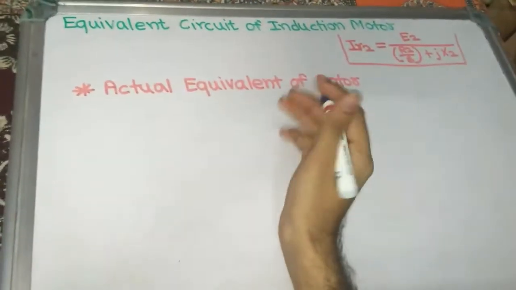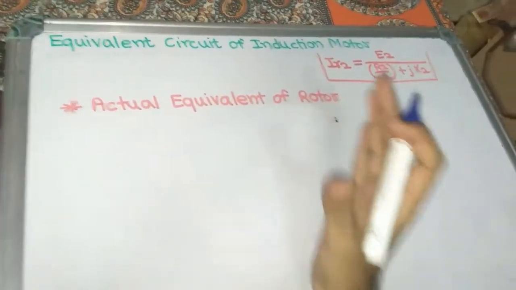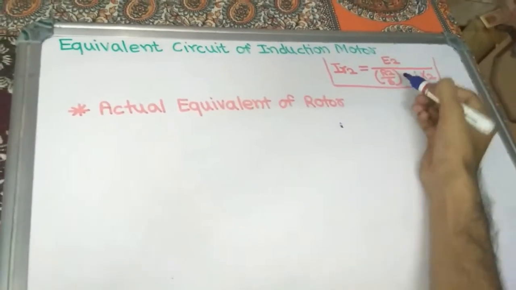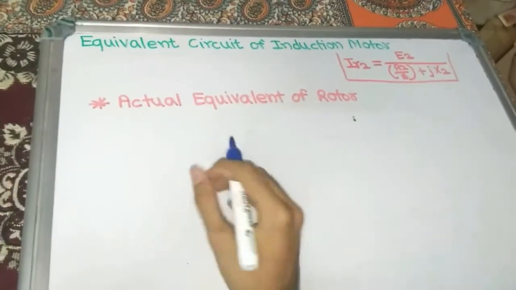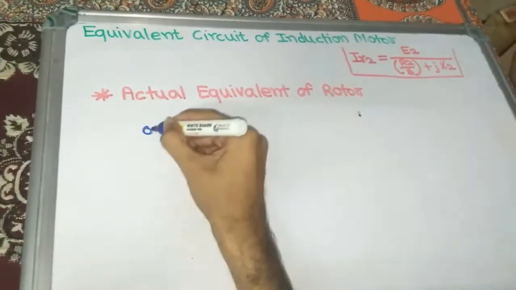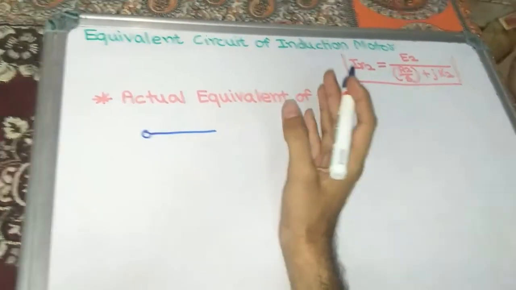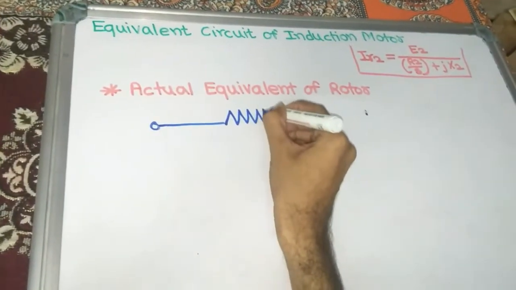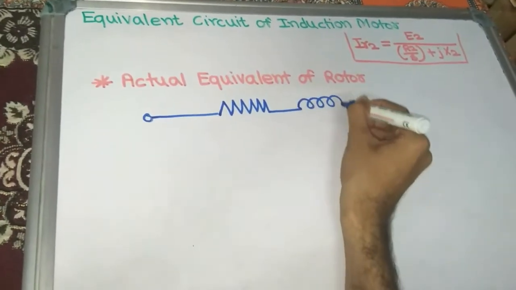Now see here, when the rotor frequency is not constant, what is the actual equivalent circuit of the rotor? You must see that first, and then apply the equation we have found here. So the actual equivalent circuit of the rotor, meaning the secondary winding, has R2, the rotor resistance per phase, and X2, the rotor reactance per phase.